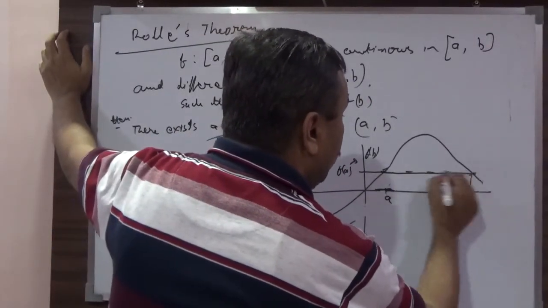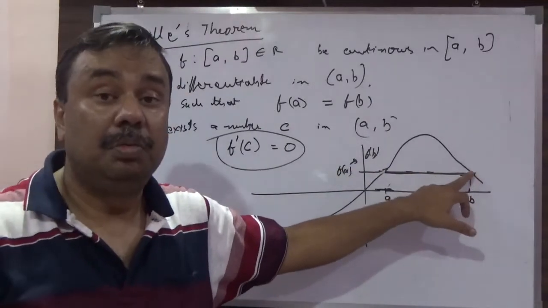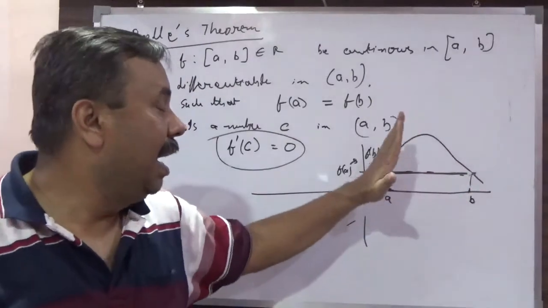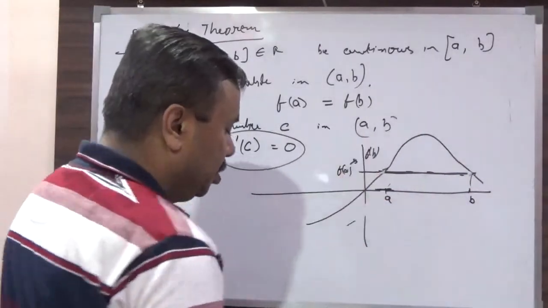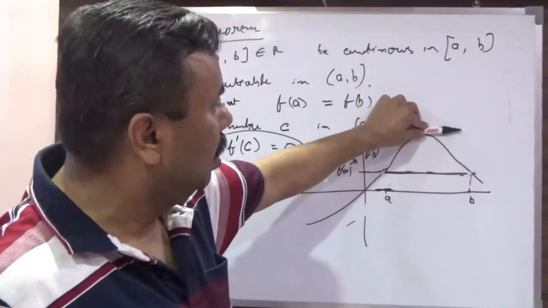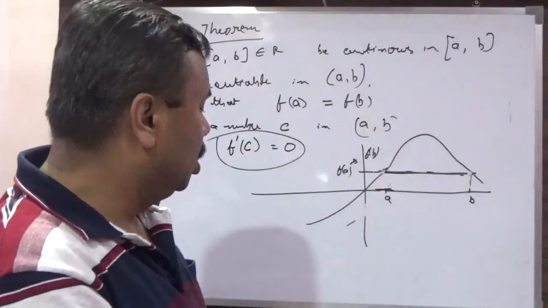So if these two values are equal, obviously if the graph has to return to this value, at least its slope keeps on changing, and at the peak it is parallel to the x-axis. Just watch this pen.